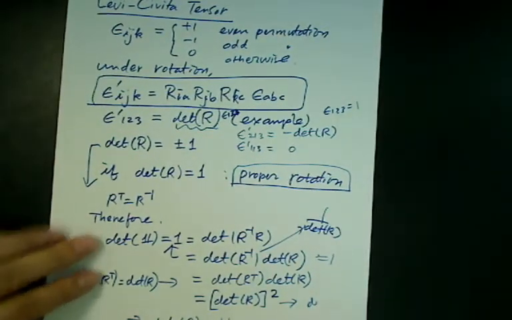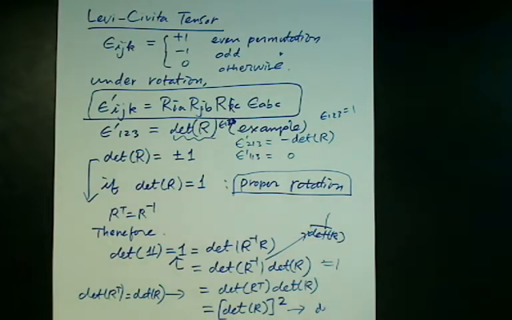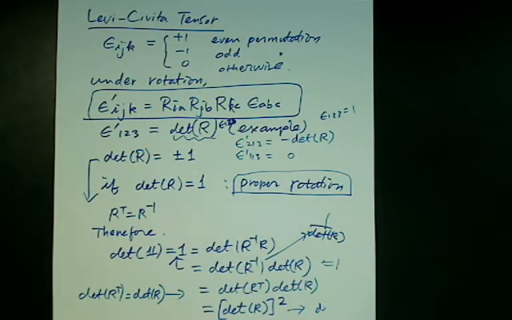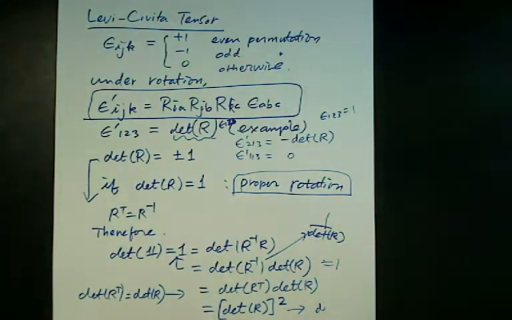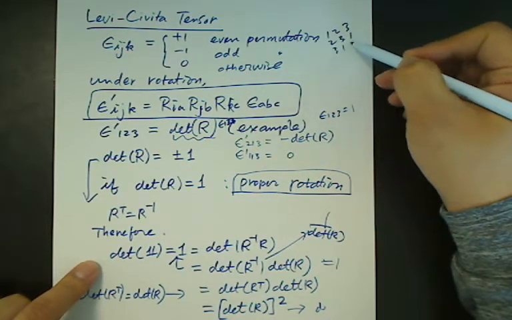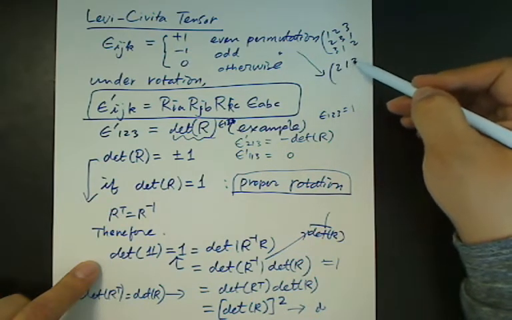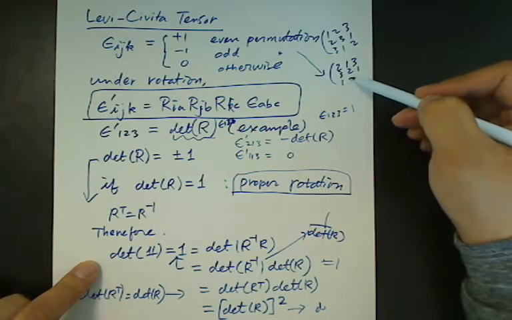We can also consider a rotational invariant tensor of rank 3. The Levi-Civita tensor is a number that depends on the three vector indices. If ijk is an even permutation, for example, ijk is 1, 2, 3, 2, 3, 1, 3, 1, 2, they are even, and odd permutations are 2, 1, 3, 3, 2, 1, 1, 3, 2.